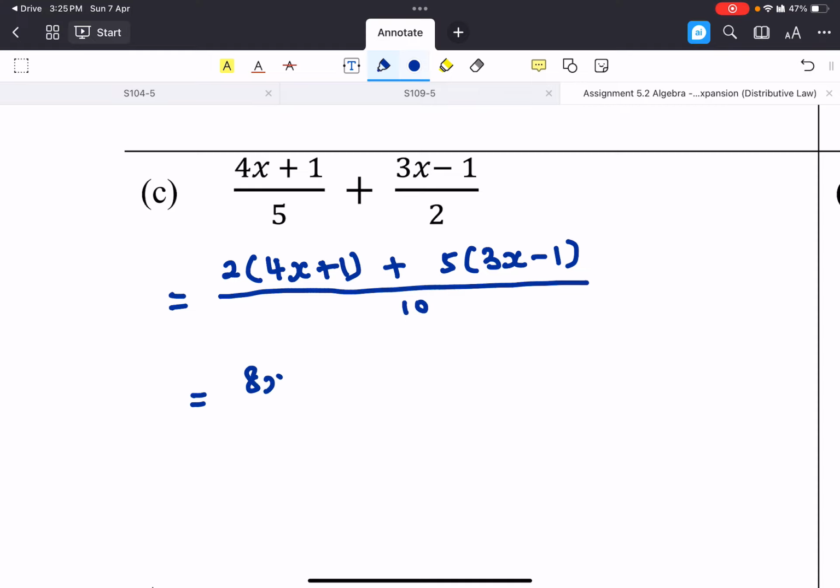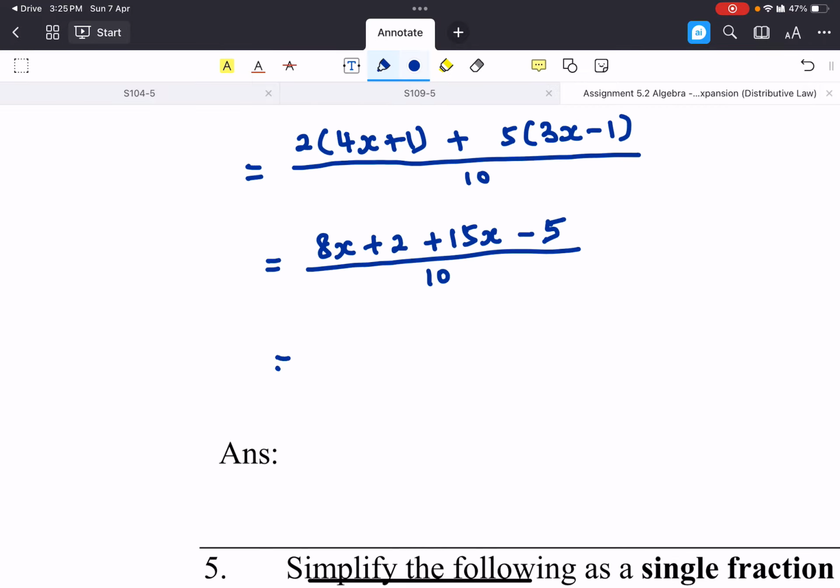So that will result in 8x plus 2 minus 15x plus 15x minus 5, right, over 10. That will simplify to 8 plus 15 is 23x minus 3 over 10.